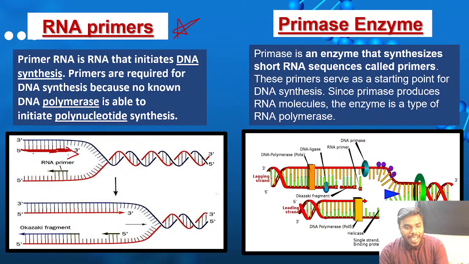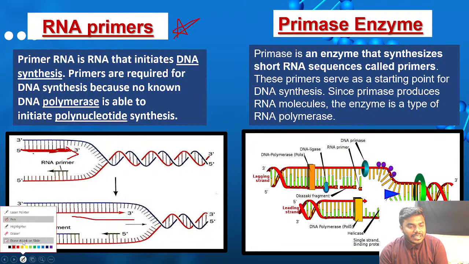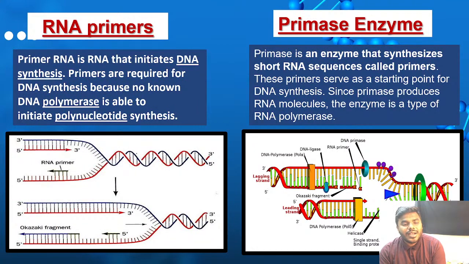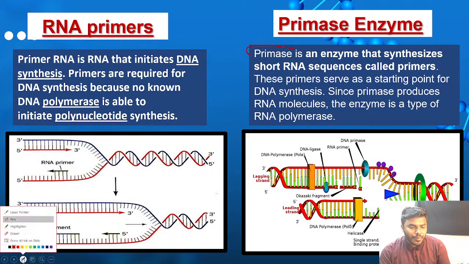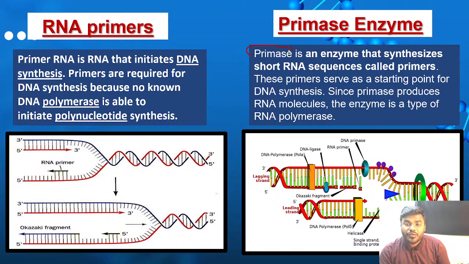Once I add the nucleotides, the DNA polymerase enzyme will come and add continuously to them. So friends, what am I adding? I am adding the primer. Who is going to synthesize this primer? This primer is synthesized by a very important enzyme which we call, my friends, primase enzyme.